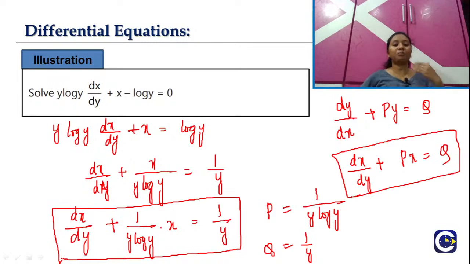So now as we have p and q, the first thing we have to do is find the integrating factor. So can you guys quickly find the integrating factor here? Because here we have reduced that into linear differential equation format, and we have even found the p and q values, that is p and q functions here.